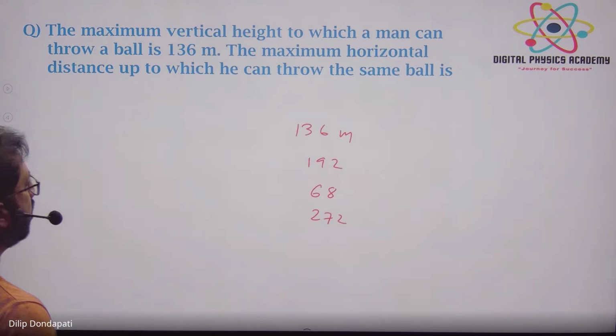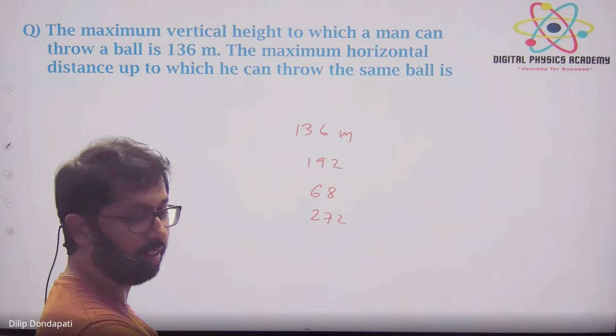Maximum horizontal distance is nothing but maximum range, R max. Sir, over here, what should we take theta as? I don't know. JEE Mains question. करो.